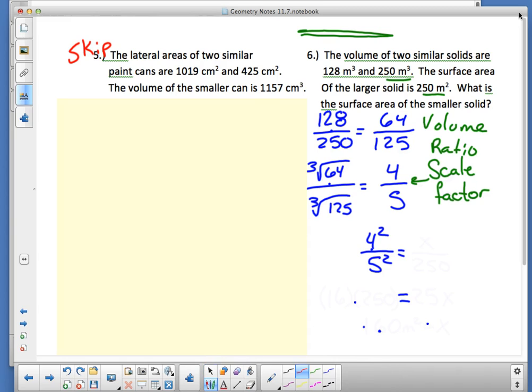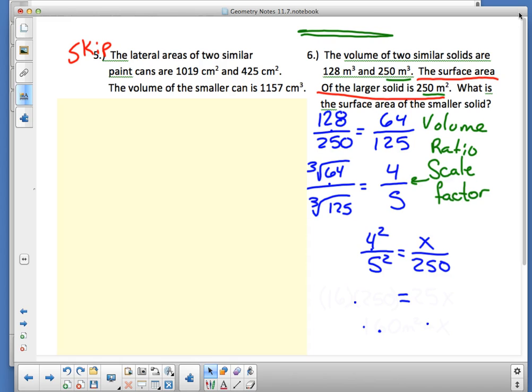Here they tell me the surface area of the larger solid is 250. And now people go, well, where do you put it? My question to you is, which number's bigger, 16 or 25? And you go, well, duh, Bloom, 25. Well, 250 goes on the bottom then. I have a ratio of 4 squared to 5 squared.